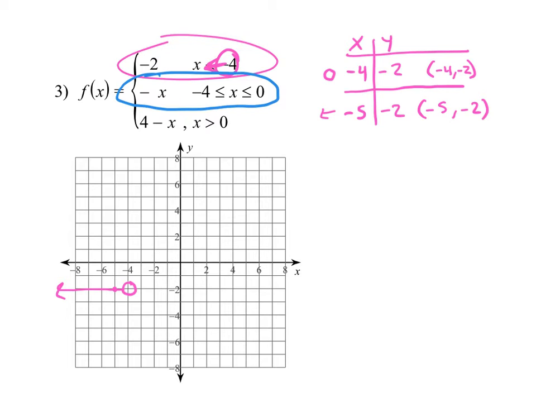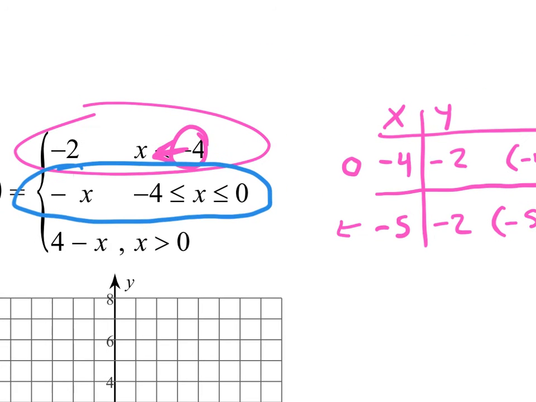So for the pink one, how is the first one an open circle and the second one is closed? That's a good question because I've noticed a lot of people make that mistake. So let me erase here.